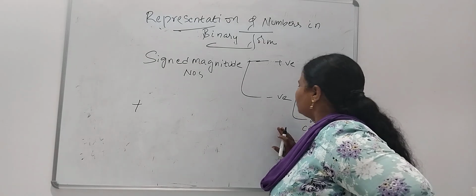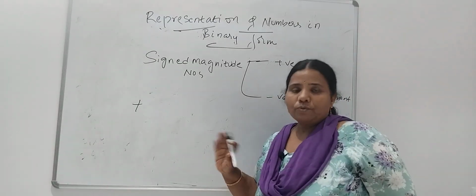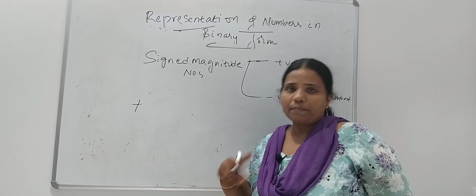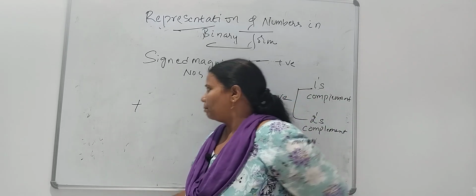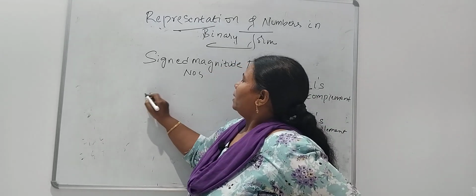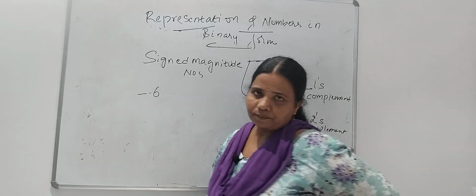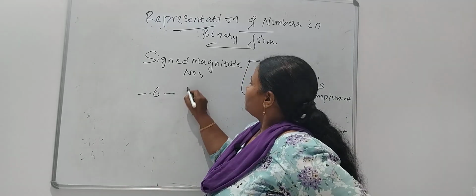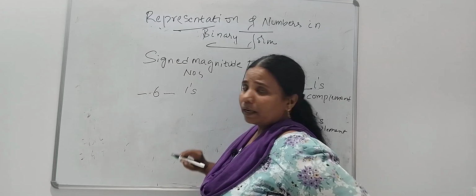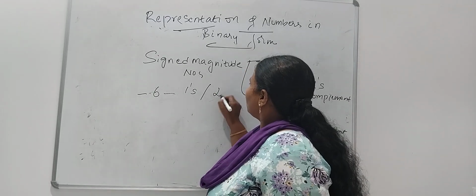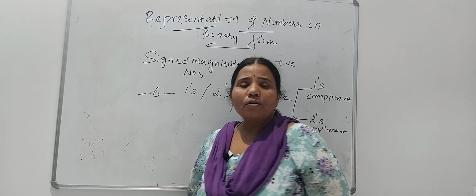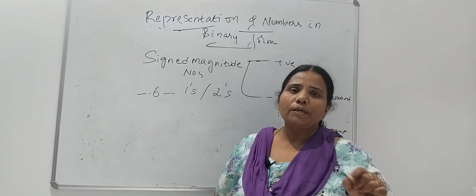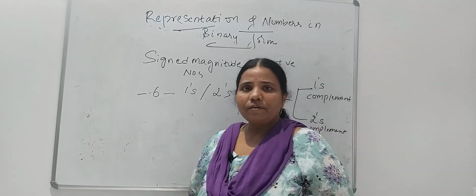You can represent them in two ways, 1's complement or 2's complement. So if you take minus 6 instead of plus 6, you can represent minus 6 either in 1's complement or 2's complement. How you represent it in 1's complement and 2's complement, we will see now.